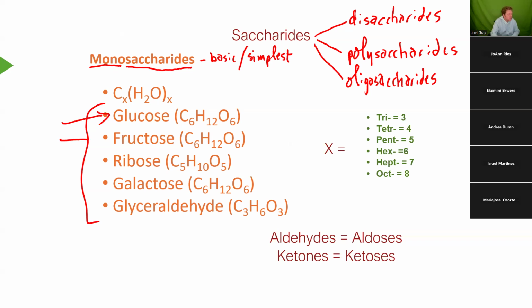Another sugar that's pretty common for folks to consume is fructose. What I want you to notice about these two molecules is they have the exact same formula, but they have different names.